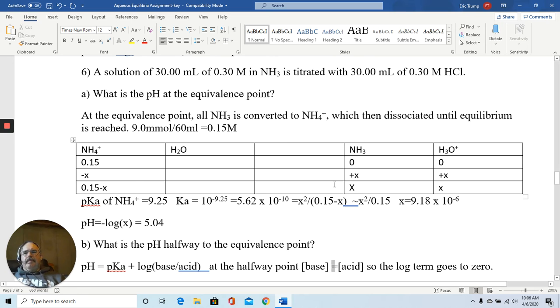Question number 6. We have a solution of 30 milliliters of 0.30 molar ammonia, which is a weak base. This is titrated with a strong acid. At the equivalence point, all of the ammonia is converted to its conjugate acid, ammonium.